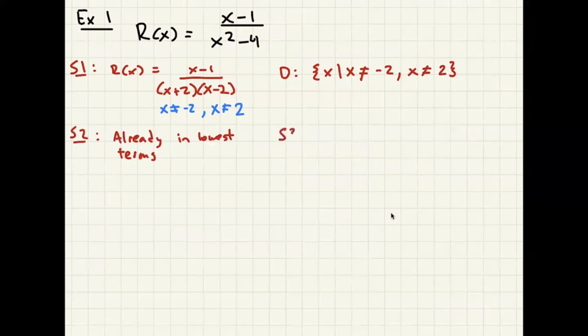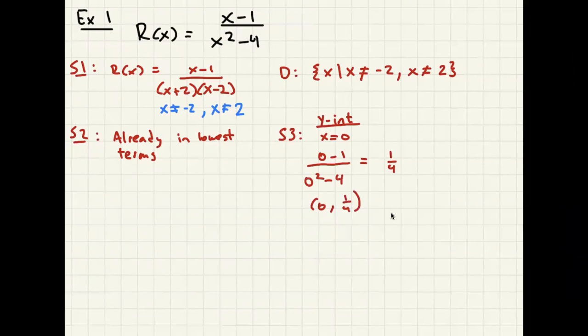Step 3 is to locate any intercepts, right? The y-intercept is when x equals 0. So what happens when we have x equal to 0? We have 0 minus 1 over 0 squared minus 4. So our y-intercept is 1 over 4, so 0 comma 1/4.